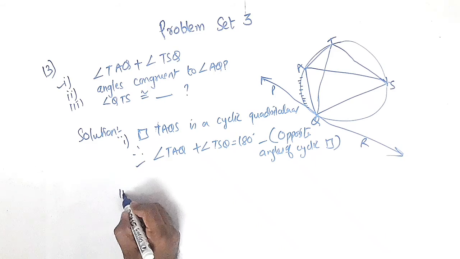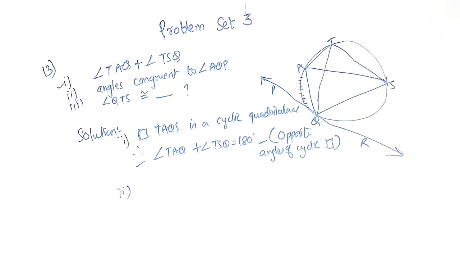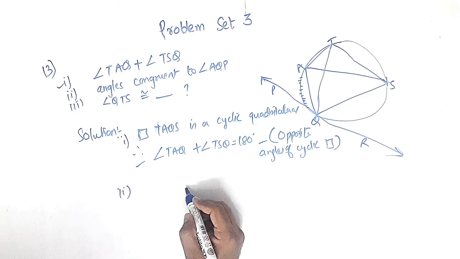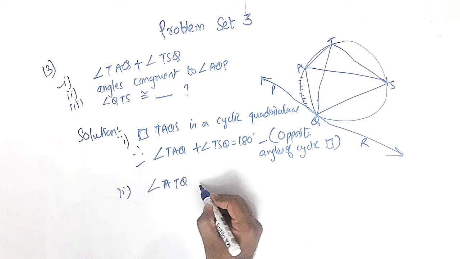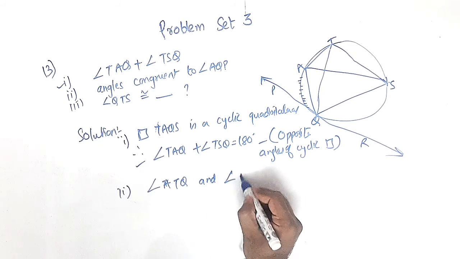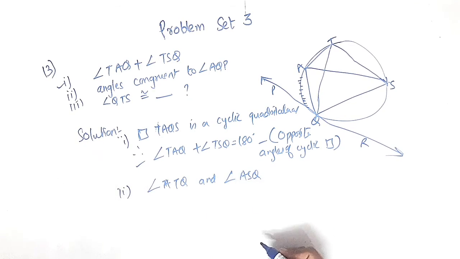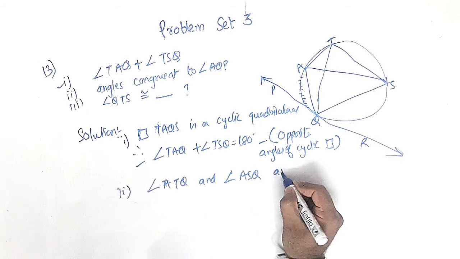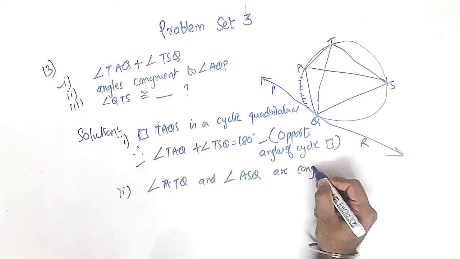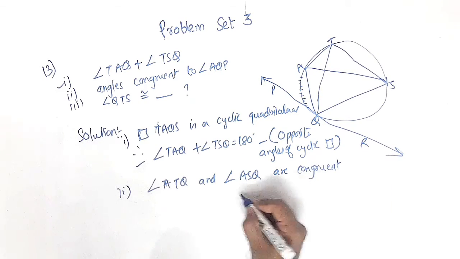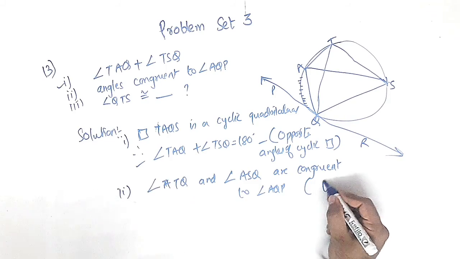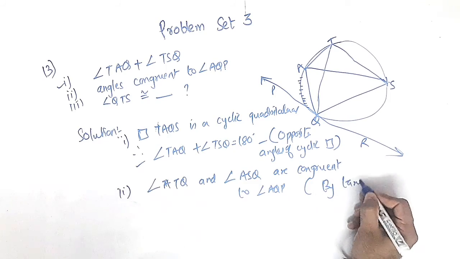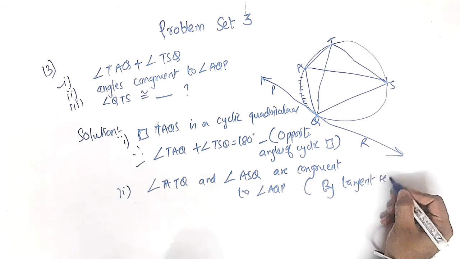So let us move on to the second one, which says that angle ATQ and angle ASQ are congruent to angle AQP. What is the reason here? You will write by tangent secant theorem.